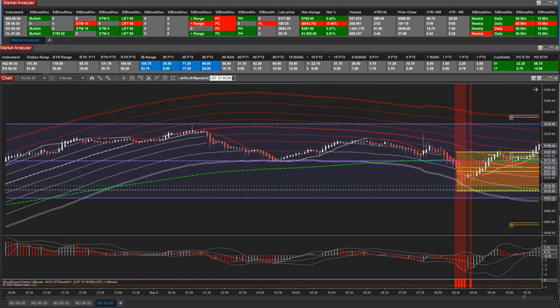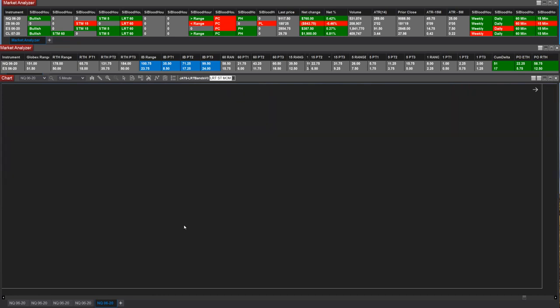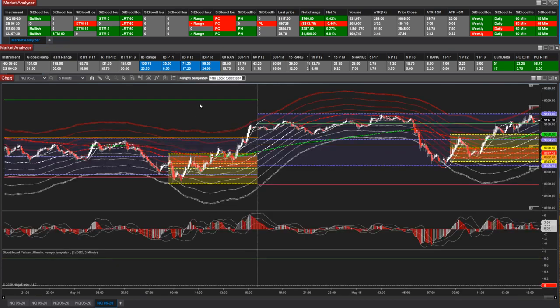I have so many templates. I'm going to just give you a blank template real quick. I can't find it.